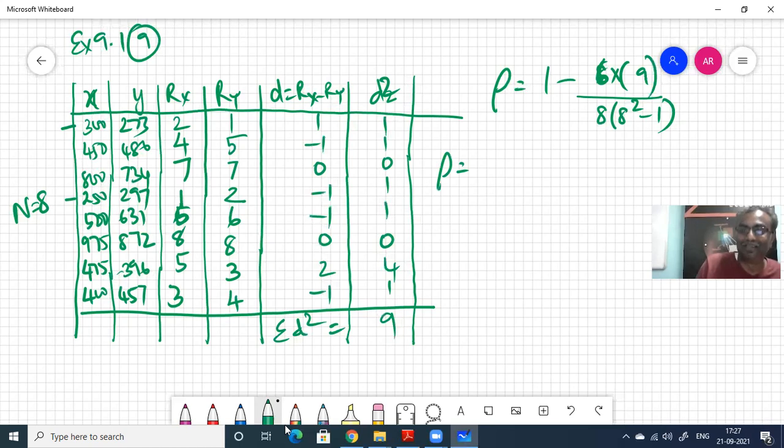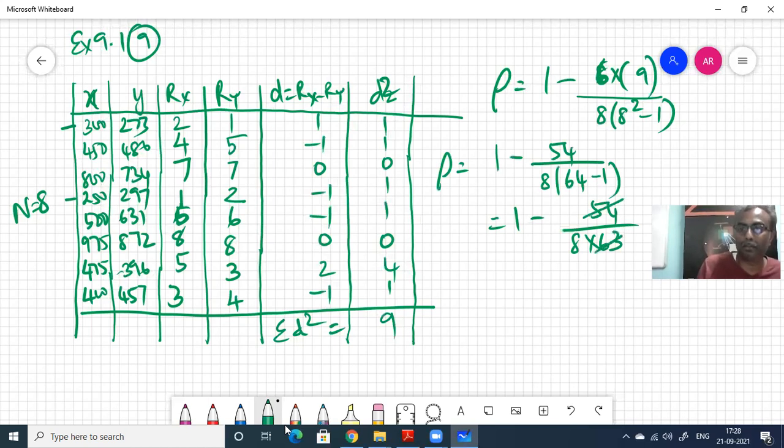This is all mental sum it is becoming. 8 standard, 6 standard like that. 54 by 8 into 64 minus 1. Correct? That is equal to 1 minus 54 by 8 into 63. 9 will go 6 times, 9 goes 7 times. That is equal to 1 minus 6 by 56. Again, you can cancel: 3 by 28. 1 minus 3 by 28.